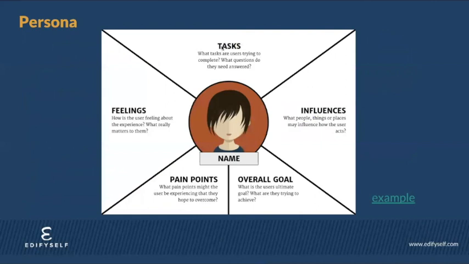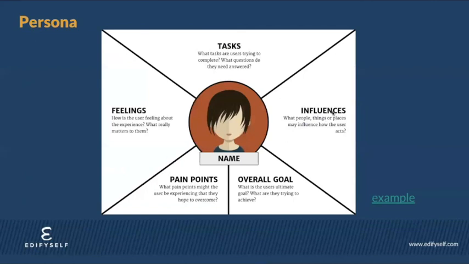The most important thing is the task. When you're talking about tasks, you're talking about what this particular user is expecting to achieve through your product. So what is the task that he wants to complete using your product, app, or website? Next, you need to know what influences this person.